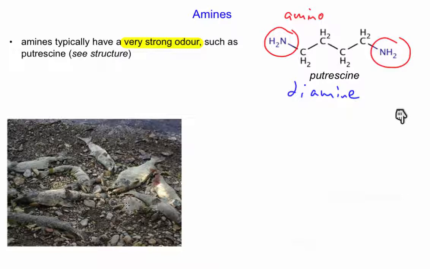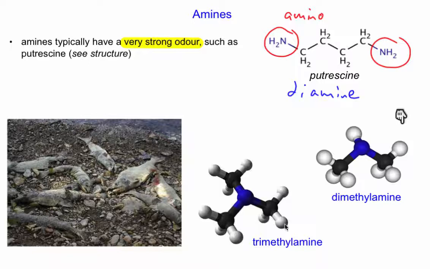Something else: you might happen along this scene on a beach. This picture is actually from British Columbia. There were lots of dead salmon, and the smell of rotten fish arises from 2 different amines, dimethylamine and trimethylamine. So here we can classify these. Dimethylamine, here's my amino group, and I have 2 ligands. Here's a ligand, there's a ligand.